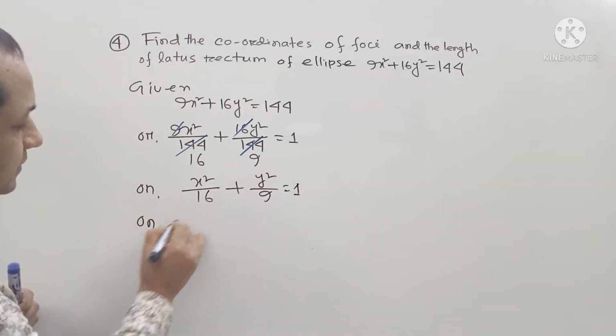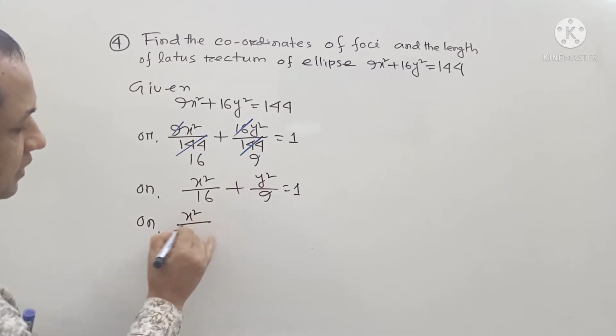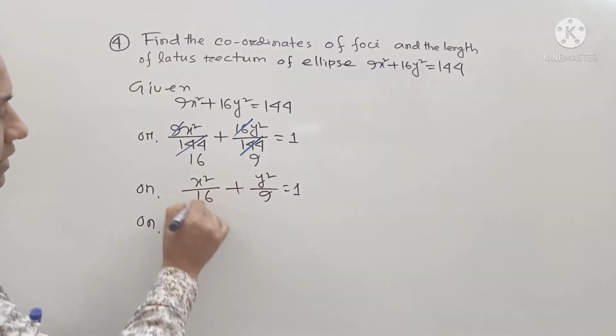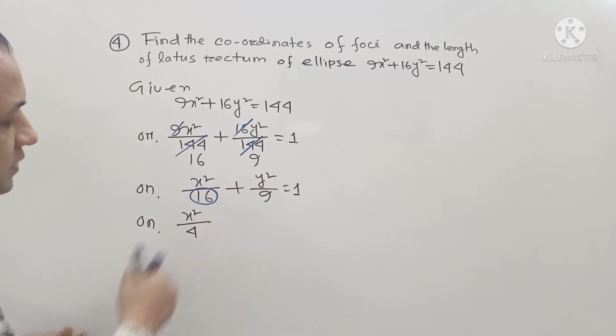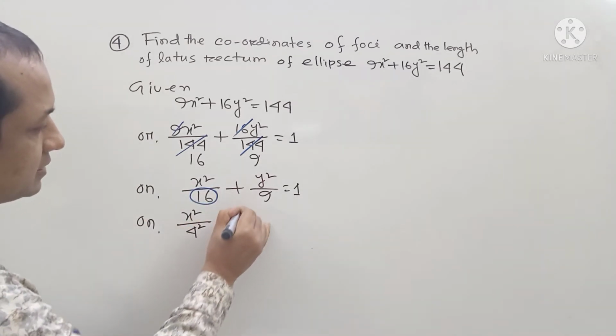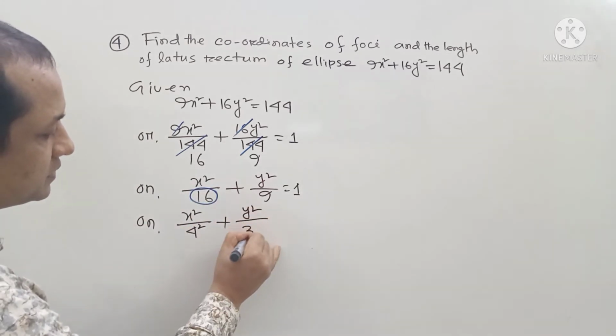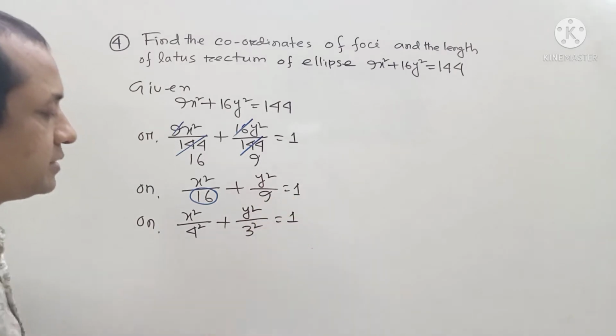Then from the standard equation of the ellipse, we can write 16 equals 4 square and 9 equals 3 square, and the right side is 1.